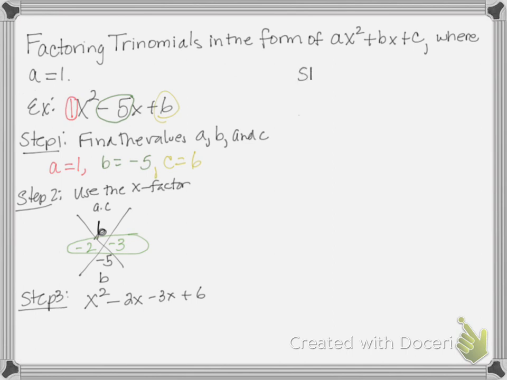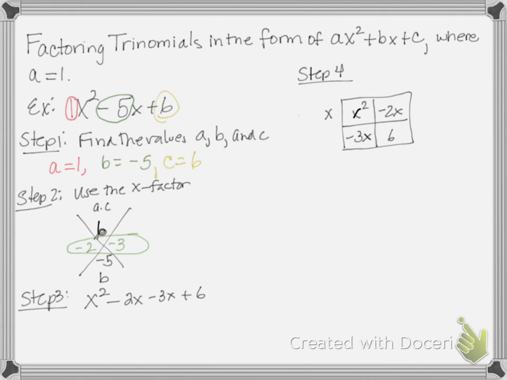Step 4, I'm going to draw a box and put those values in the box, which I get x squared, minus 2x, minus 3x, and 6. Looking at the first row of the box, I have x squared and negative 2x. I want to take out that greatest common factor, which is going to be x.